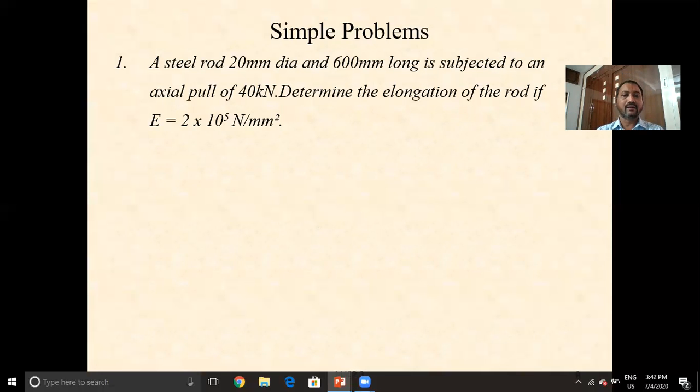A steel rod 20 mm diameter and 600 millimeters long is subjected to an axial pull of 40 kilonewtons.